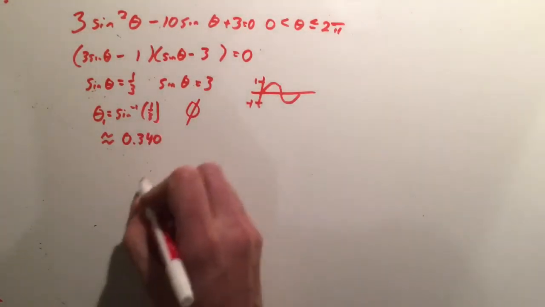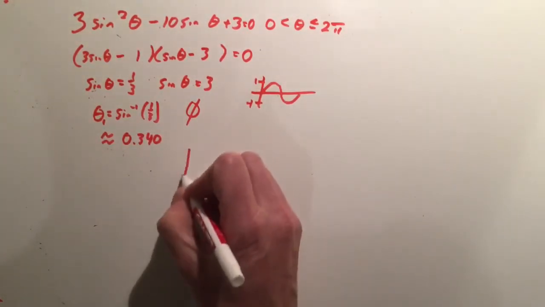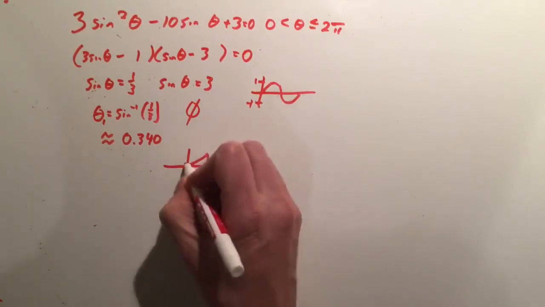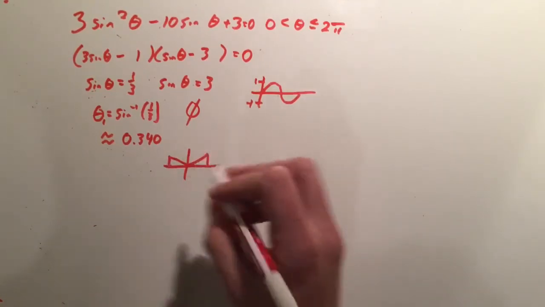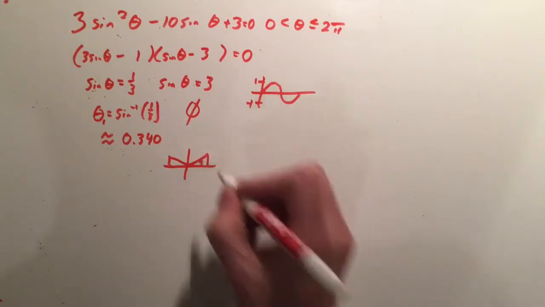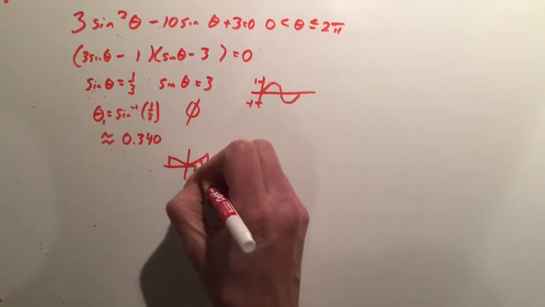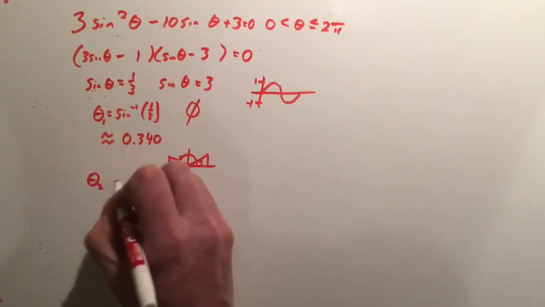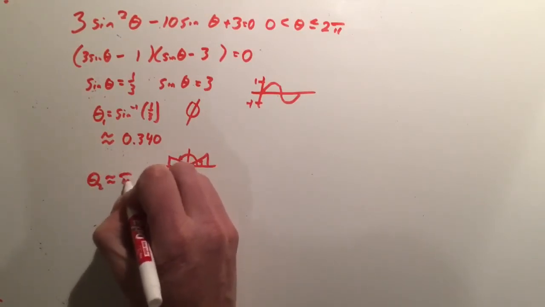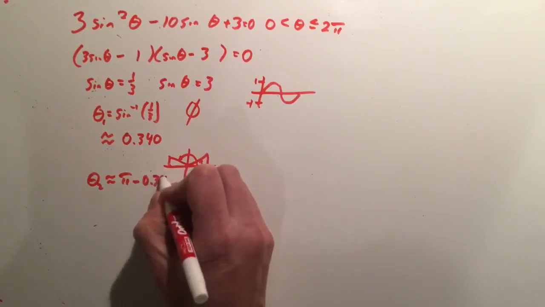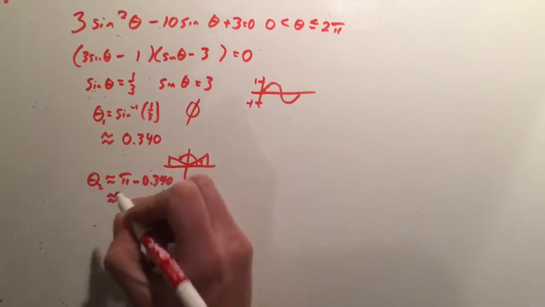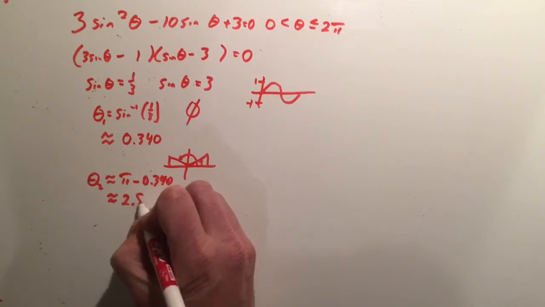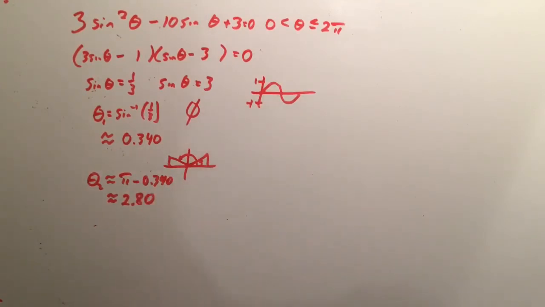Okay, and because I know sine is positive here and here, first and second quadrant, and I just figured out that 0.34 is my related acute angle, then theta sub 2 has got to be pi minus 0.34, which gives me approximately 2.80. So here I only have two solutions, 0.34 and 2.80.